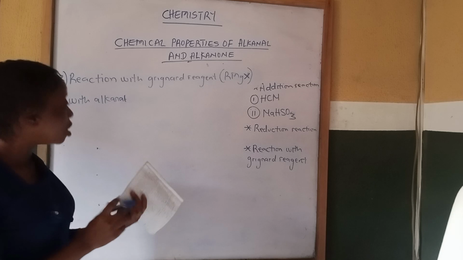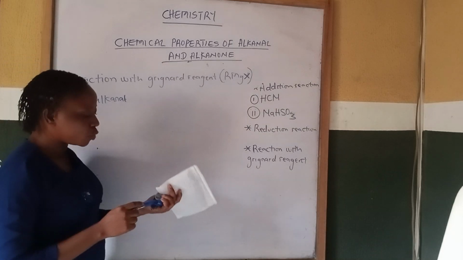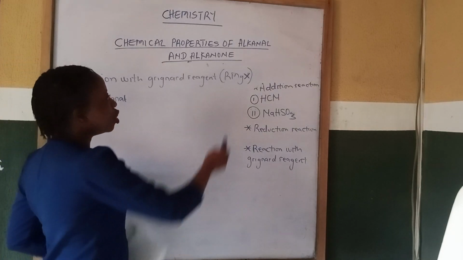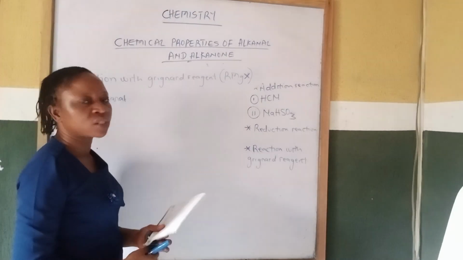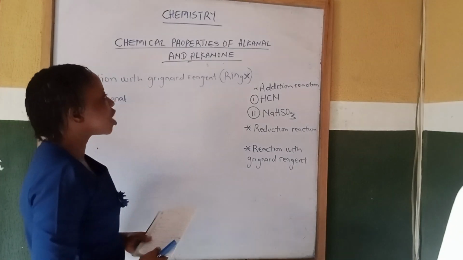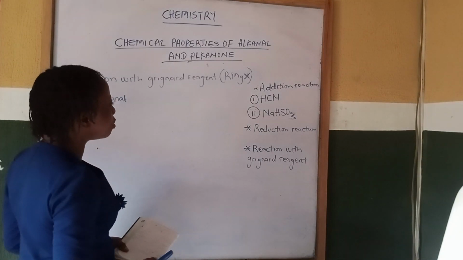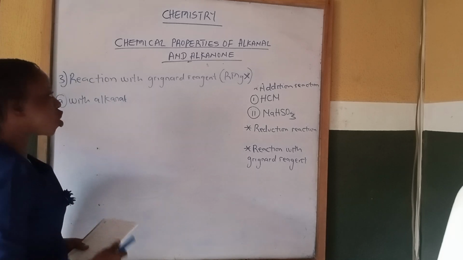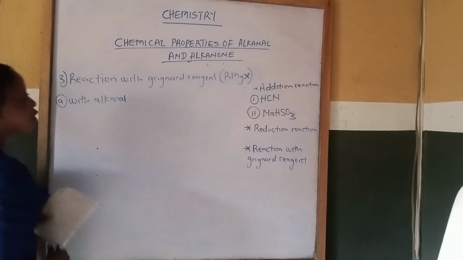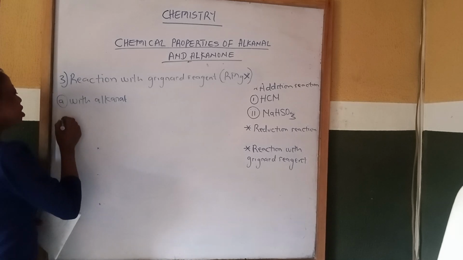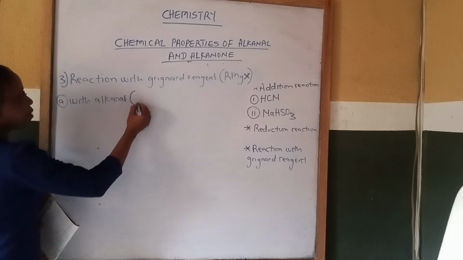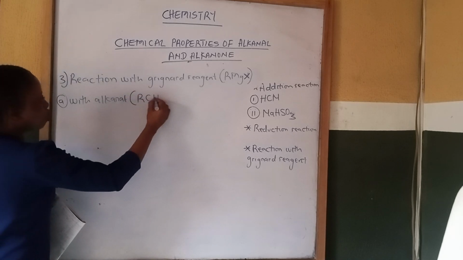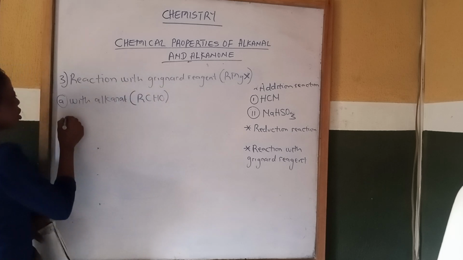In the first stage, an alkanal or alkanone will react with your Grignard reagent. In the second stage, your product formed will now be hydrolyzed. So the hydrolysis will be the second stage. Now, I'm going to use the general formula for alkanal first, which is RCHO, to explain the first stage.